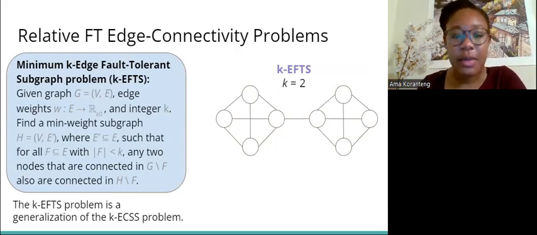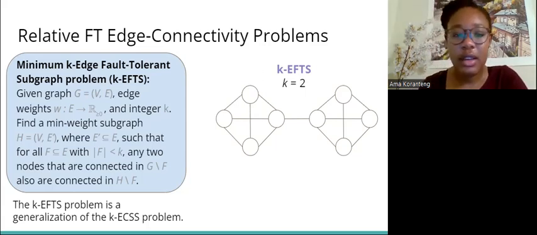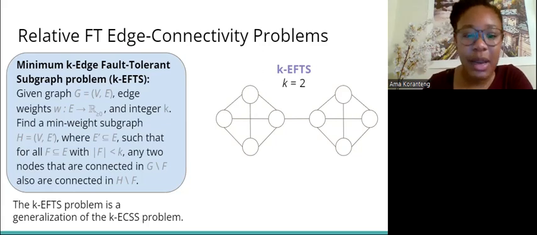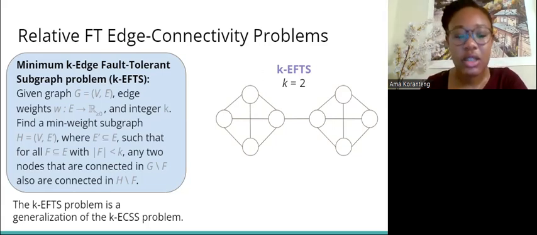The goal is to find a min weight spanning subgraph H such that for any fault set, which we call F, that contains at most k minus 1 edges, if a node pair is connected in G minus F, then that same node pair is connected in H minus F. And of course, if the node pair isn't connected in G minus F, we don't expect anything.